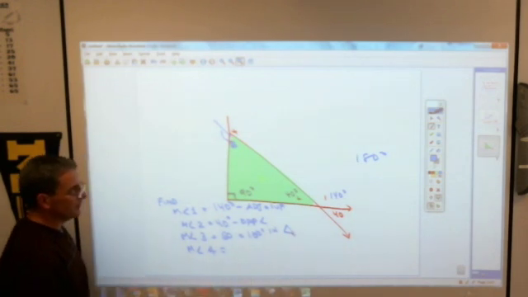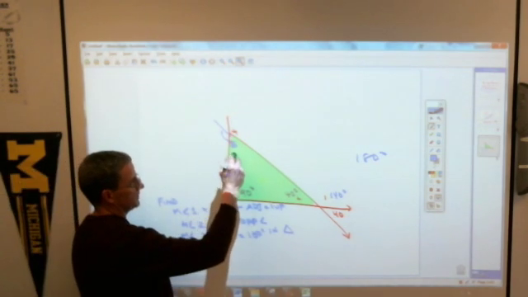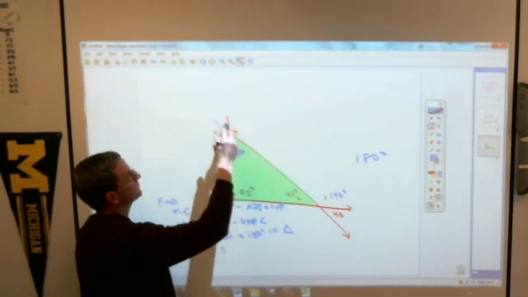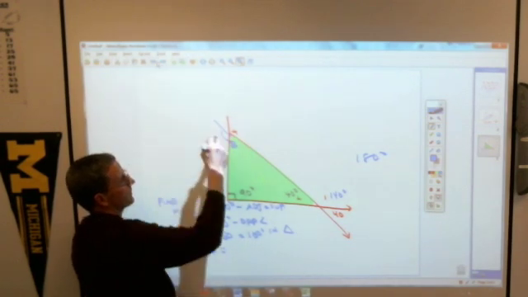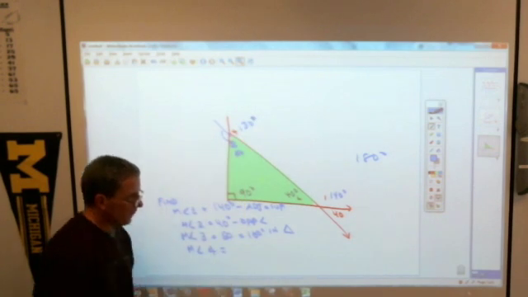And then finally we can do angle number 4. Chase? 130 degrees, because what? This was 50 degrees. 130 degrees because of what?